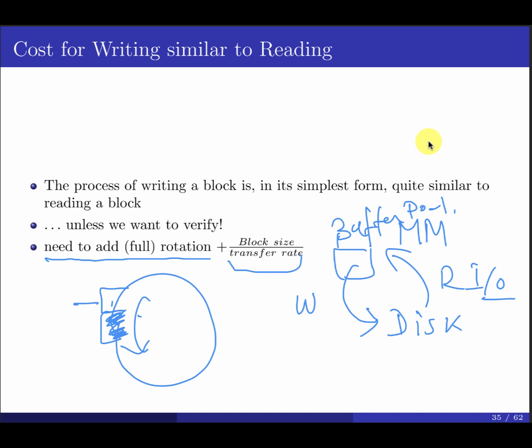Because this one is going to be moved. Now, in order to read this one to verify, I need to perform one full rotation, and the beginning of the block I just wrote is going to be under the head. Then after that, I'm going to read it, then double check in the main memory to see whether the content is okay or not. That's why I said this is the cost of writing, if you want to verify.